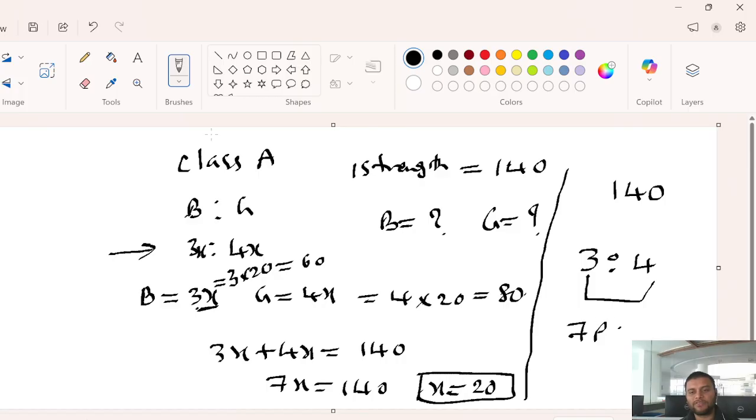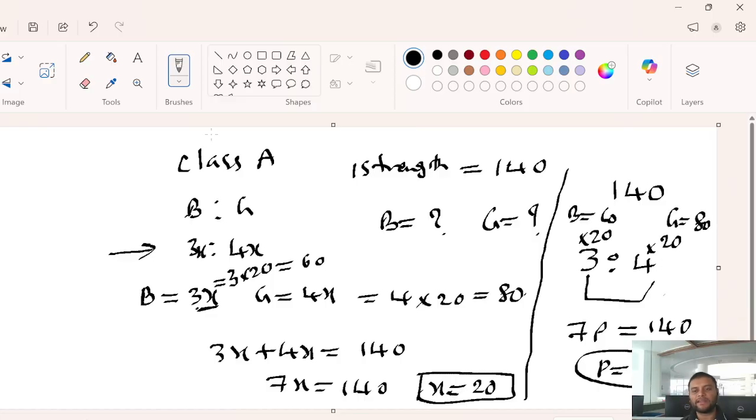So 7 parts is equal to 140. From there, one part value is equal to 20, and we can say 3 into 20, this many boys will be there. 3 into 20, that is 60 boys, and 4 into 20, that is 80 girls will be there. So this is directly answering the question, guys.